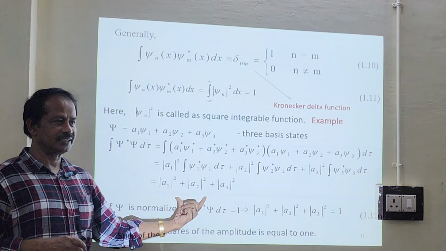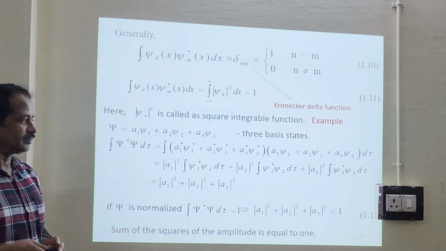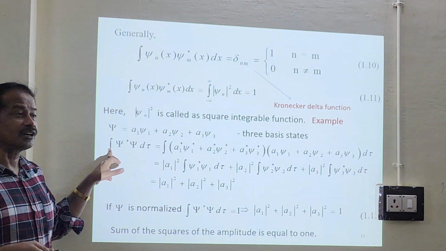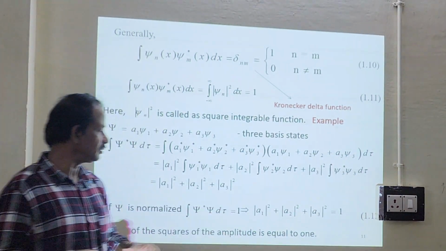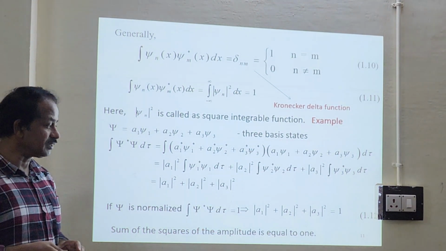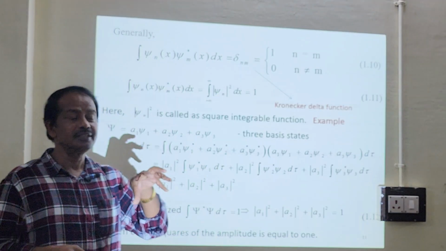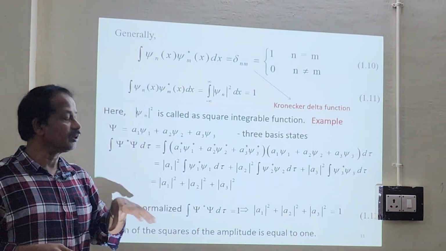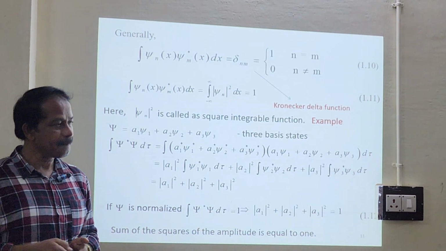So this gives mod A1 squared plus mod A2 squared plus mod A3 squared. Just now we discussed this is normalized, so it is equal to 1. It implies that the sum of the squares of the amplitudes is equal to 1. Very important: the sum of the squares of the amplitudes of all the small particles will always give you 1.